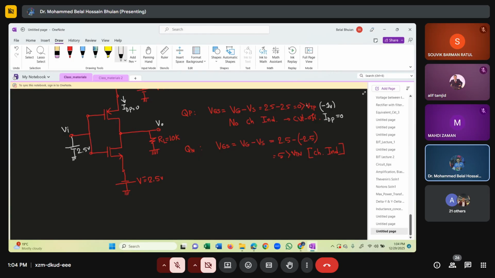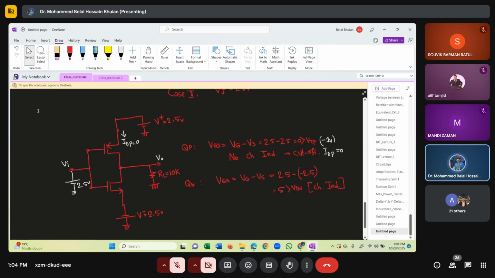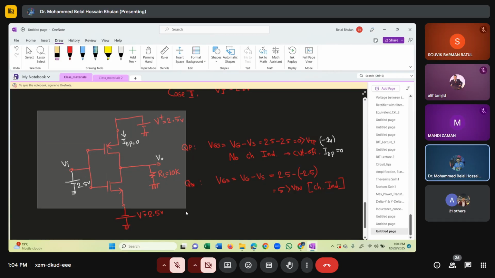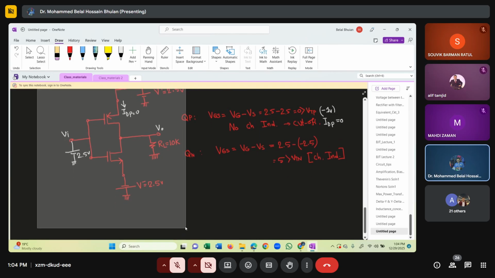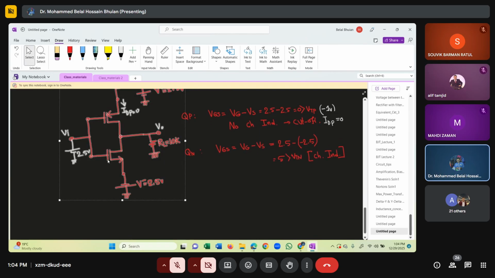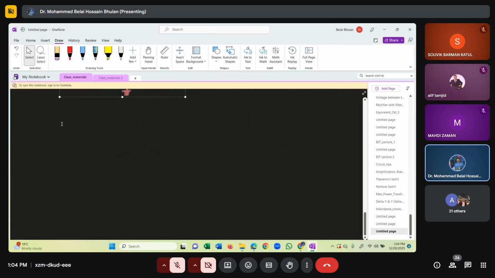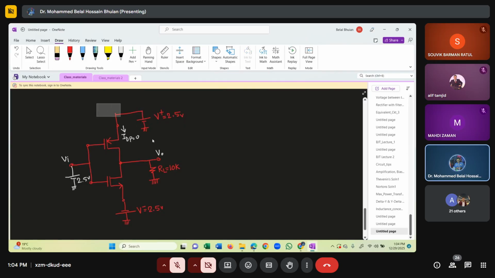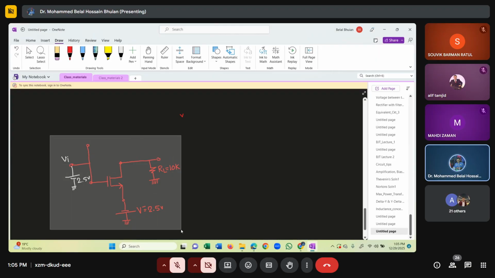So what I can do is modify the circuit like this. The P MOSFET, as if it doesn't exist. So the circuit looks like this.